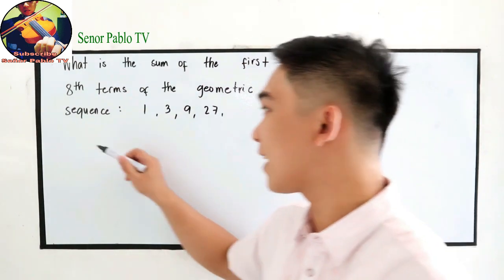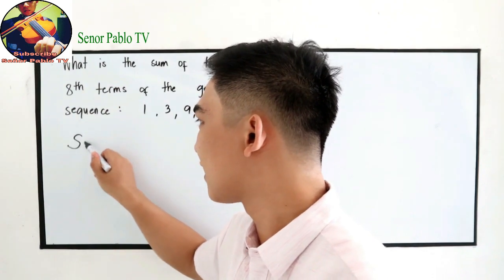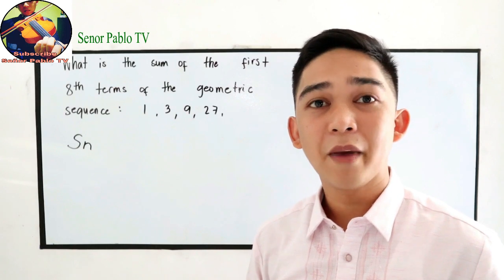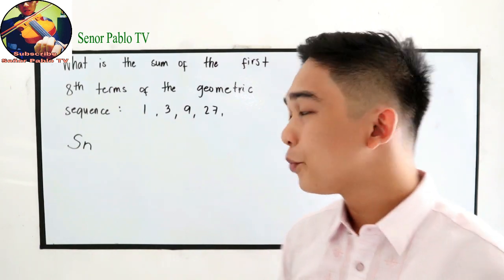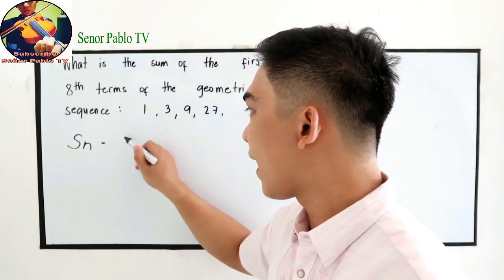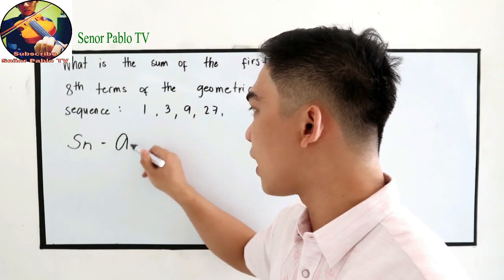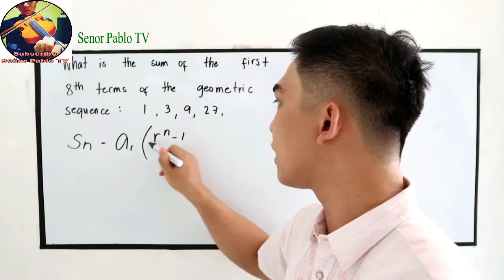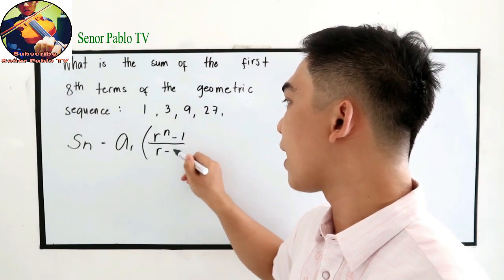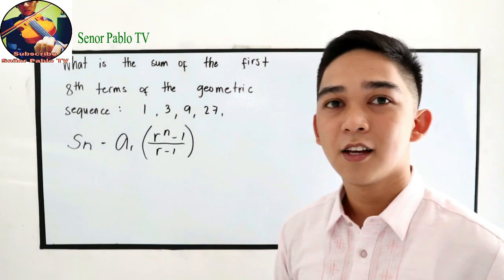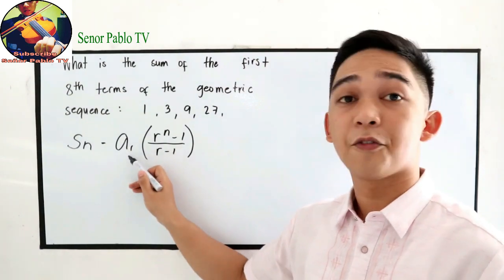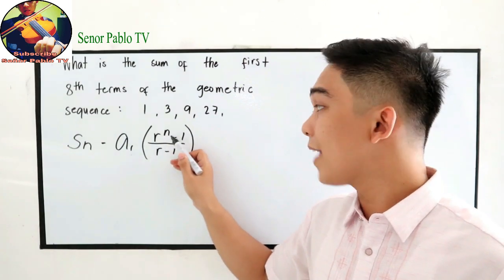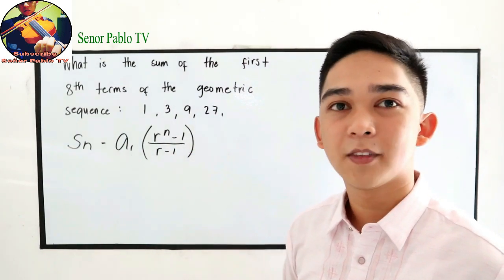So, gagamitin natin yung Sn, sum of the geometric sequence. Now, meron din tayong formula dyan. We have Sn is equal to A1 times R raised to n minus 1 over R minus 1. Wherein A1 is the first term, R is the common ratio, and n is the number of terms.